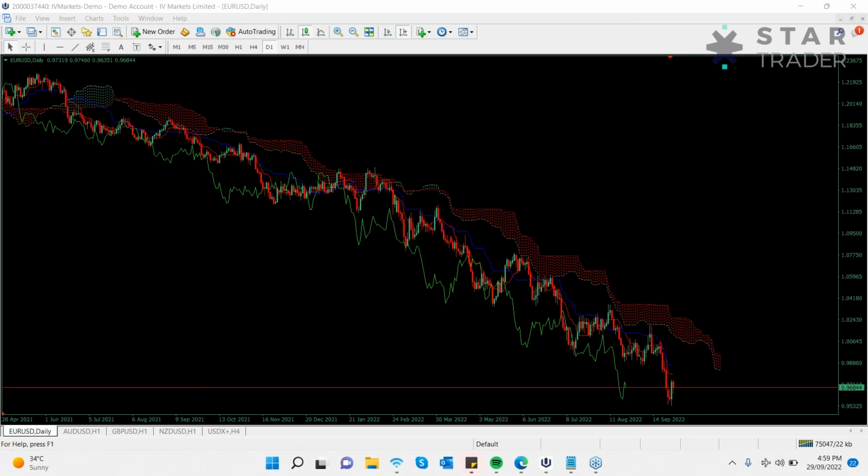According to this indicator, whenever the market is inside the cloud, you have to give the market some time to correct itself. Always remember, correction is not good for entering the market. Wait for the proper development, wait for the correction to end, and then you can enter the market. So that's it.